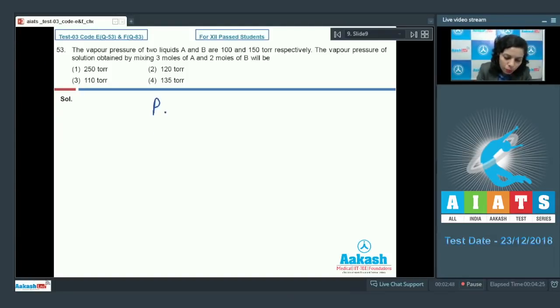Let's assume that vapor pressure of that solution is PS, and that would be equal to the vapor pressure of pure A into mole fraction of A plus vapor pressure of pure B into the mole fraction of B also.